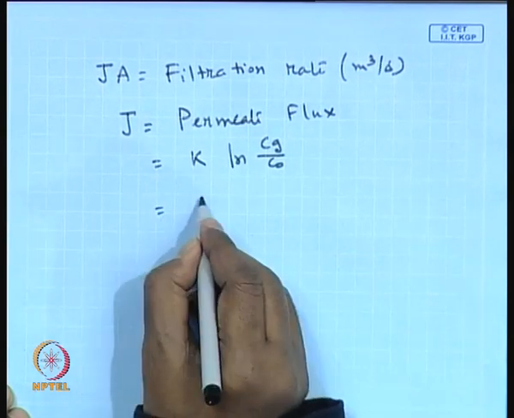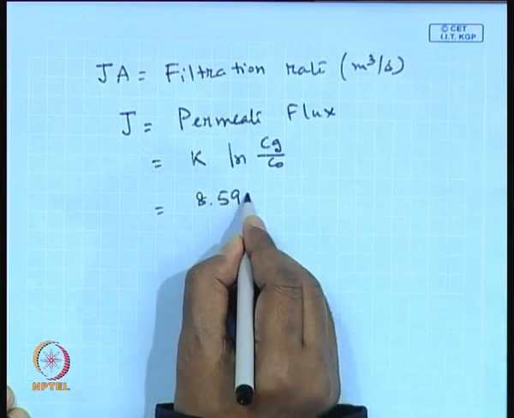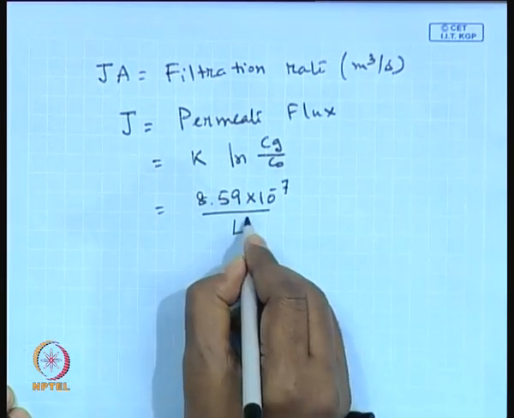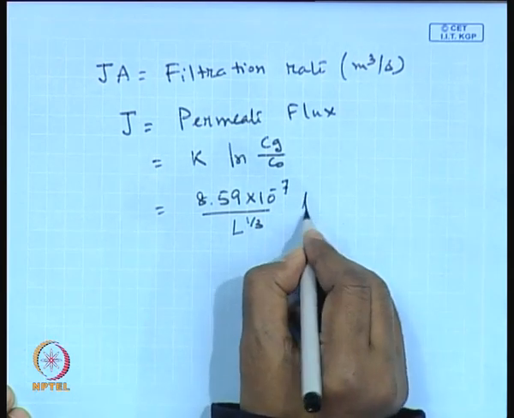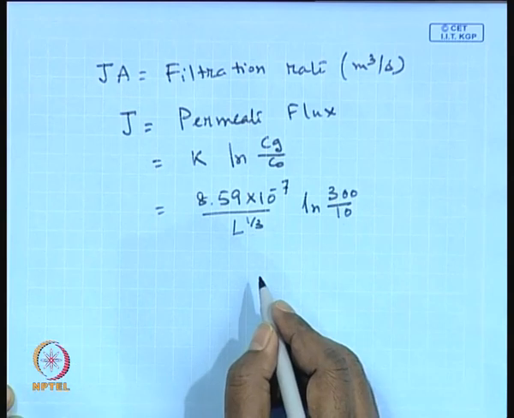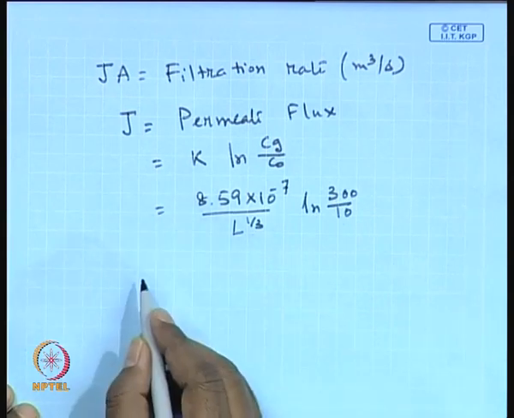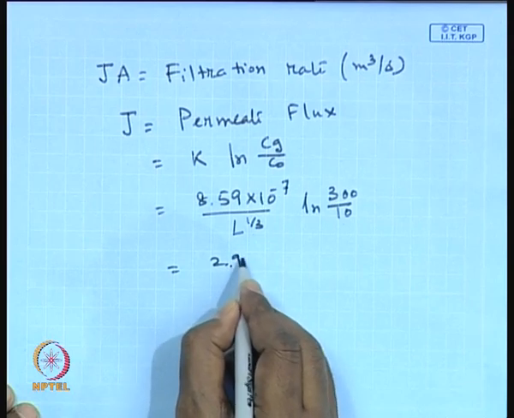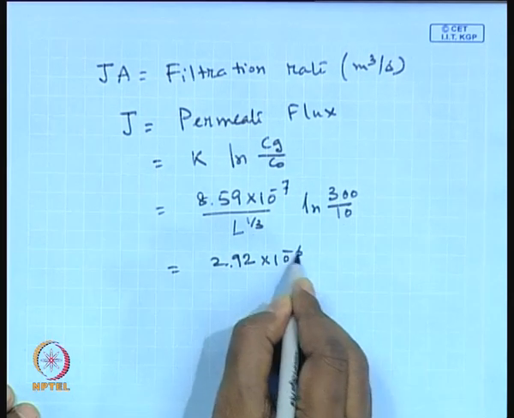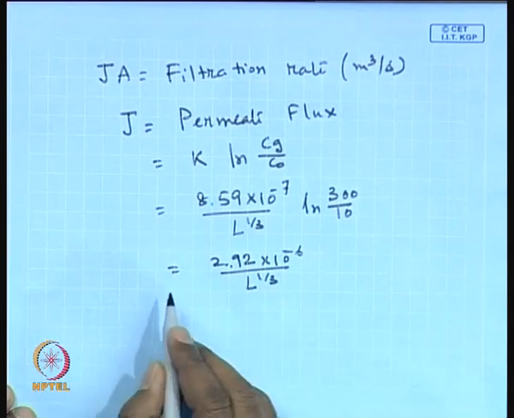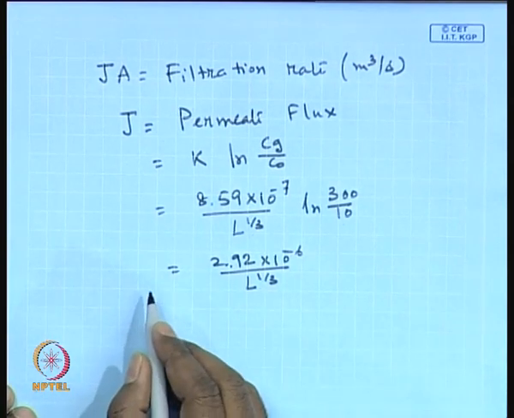So, this becomes 8.59 into 10 to the power minus 7 divided by L to the power 1 upon 3 times ln 300 by 10. So, J turns out to be 2.92 into 10 to the power minus 6 divided by L to the power 1 upon 3.